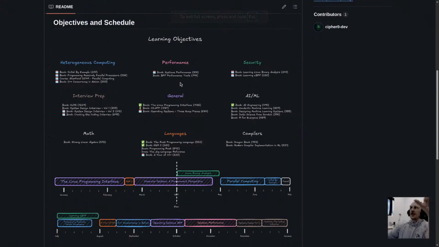These are all the categories that I wanted to improve upon: heterogeneous computing, performance, security, general computing, AI, ML, compilers, languages, interview prep, and mathematics. I just put all those resources of things that I wanted to do into these categories. This is just kind of an exercise that I did.